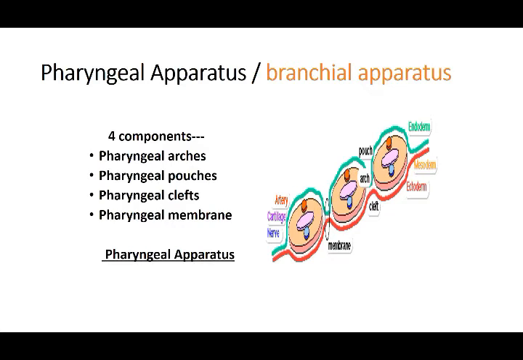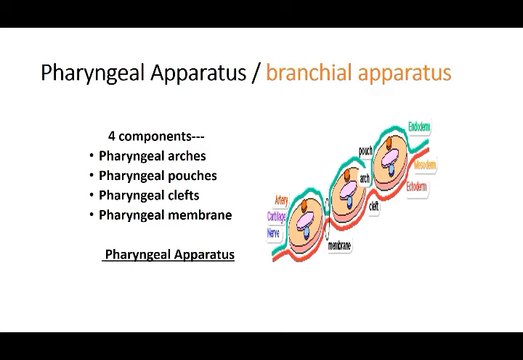When you say pharyngeal arch, what is meant is the mesodermal or central portion, which has its own skeleton, its own muscle, its own artery, and its own nerve, as the picture shows. Then on the outer side, the red one is a cleft or a depression. This is from the ectoderm, and it is called the pharyngeal cleft.